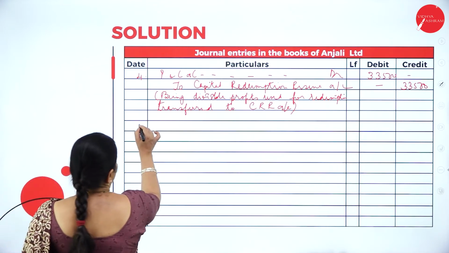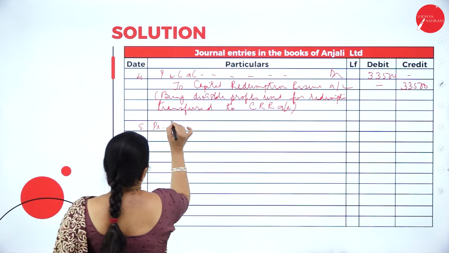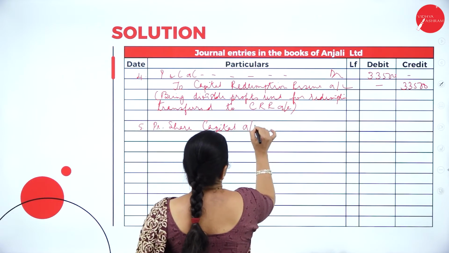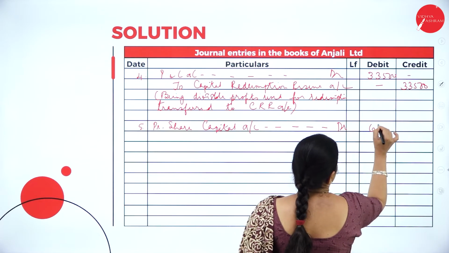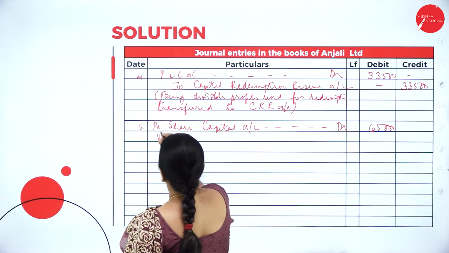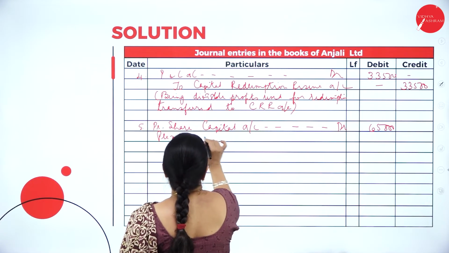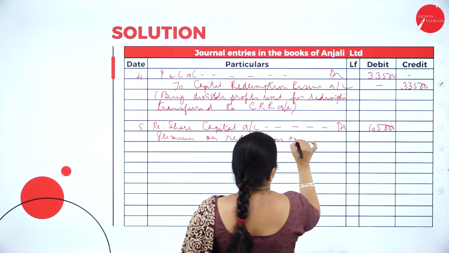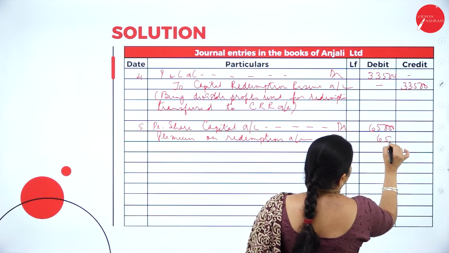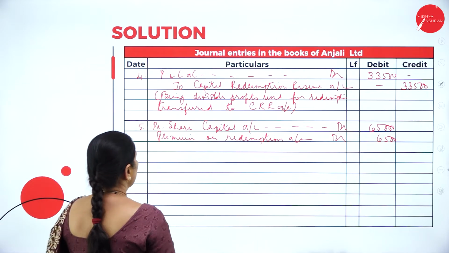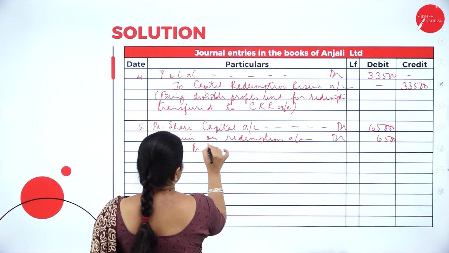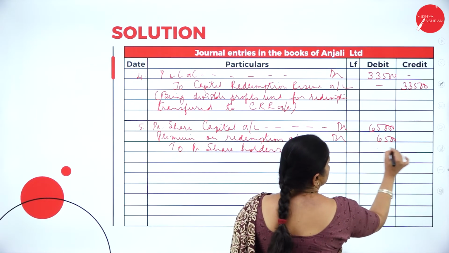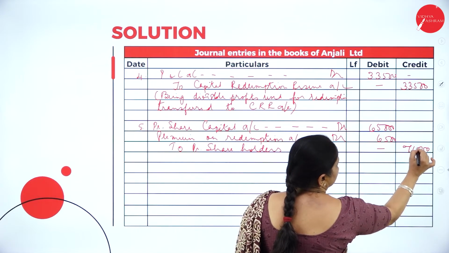Now the next entry will be preference share capital account debit 65,000, premium on redemption account debit 6,500, to preference share holders account 71,500.